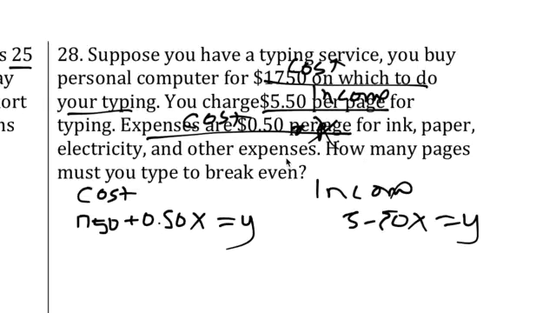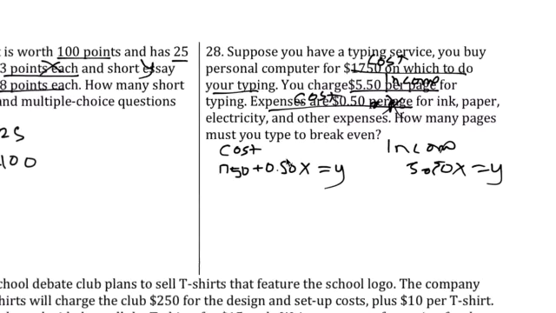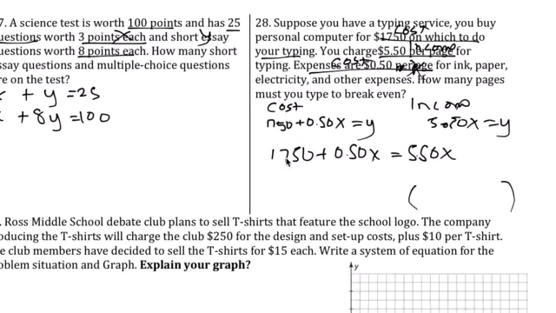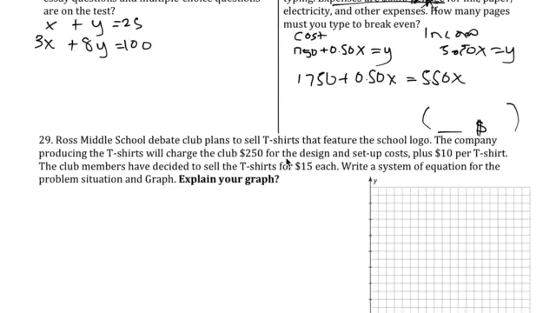Set them equal to each other: $17.50 plus 0.50X equals $5.50X. Solve it for X and then substitute it in to find the break-even point, how many pages you have to type and how much money you make to be at 0.